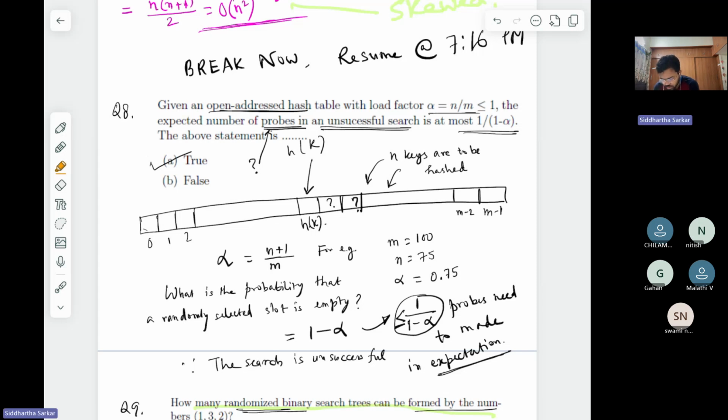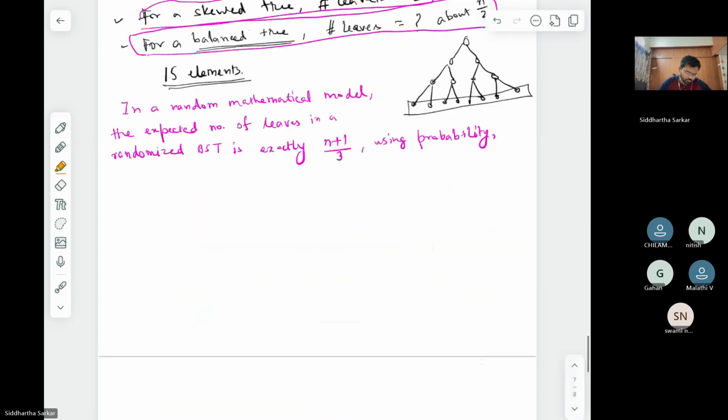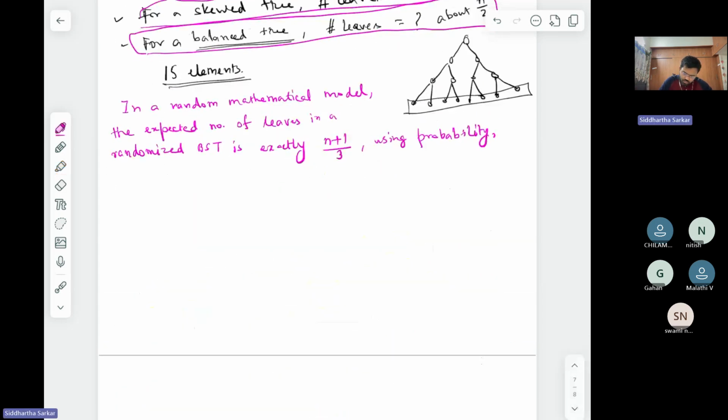The proof led to 1 plus alpha square plus dot dot dot. Let me try to write what you have written. So you are saying that there was an occasion in the proof where you had 1 plus alpha plus alpha square and so on, and this was replaced by 1 by 1 minus alpha.